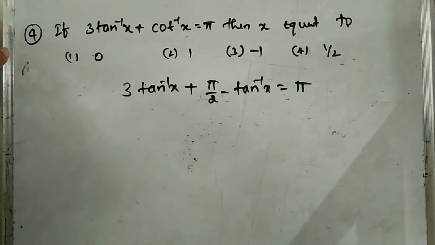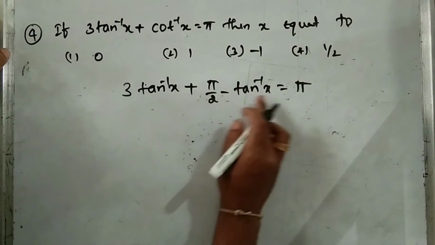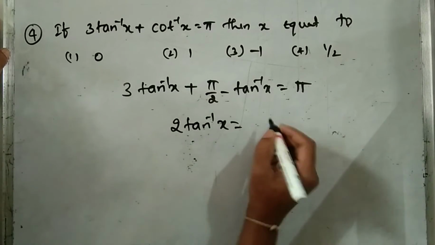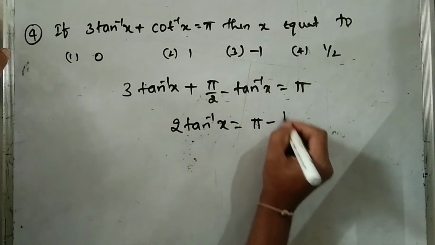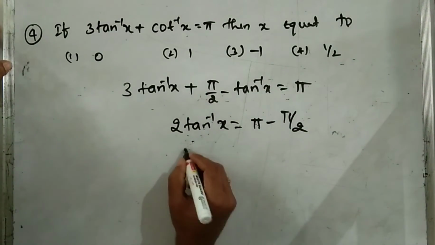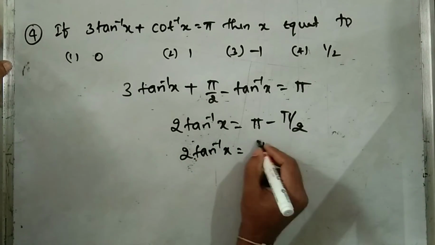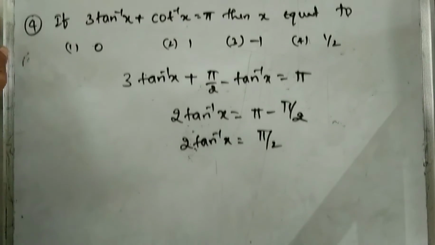Now 3 tan⁻¹x minus tan⁻¹x is 2 tan⁻¹x, and this π/2 will go to the other side, so 2 tan⁻¹x = π − π/2, 180 minus 90, 90.